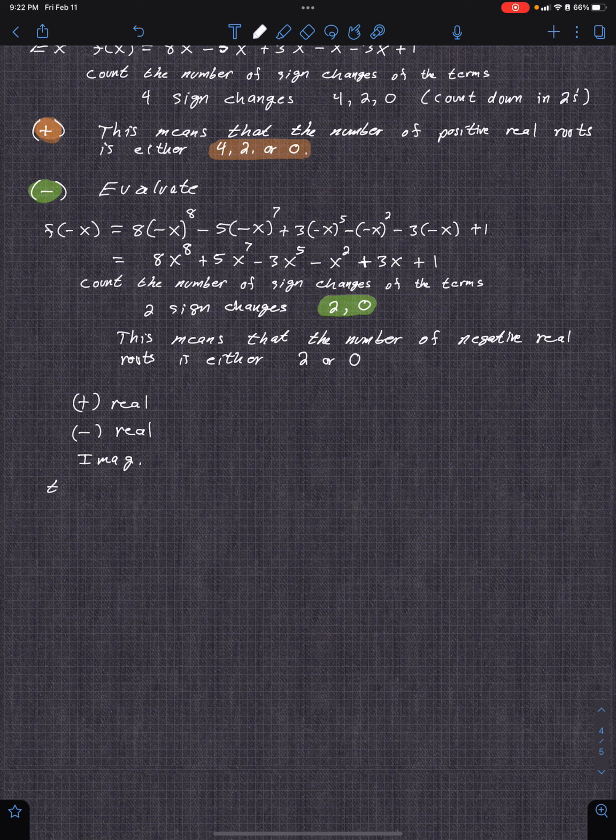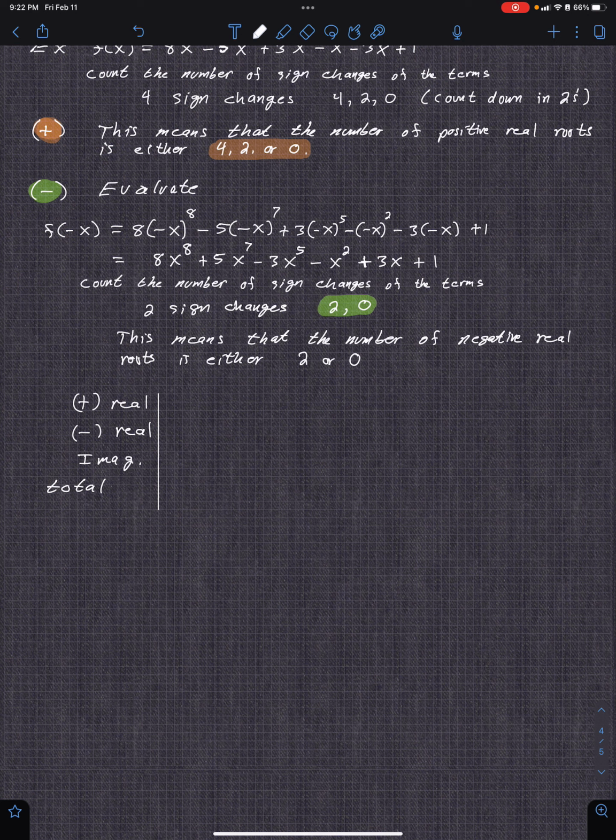And then the total needs to always add up to what? Think about that.